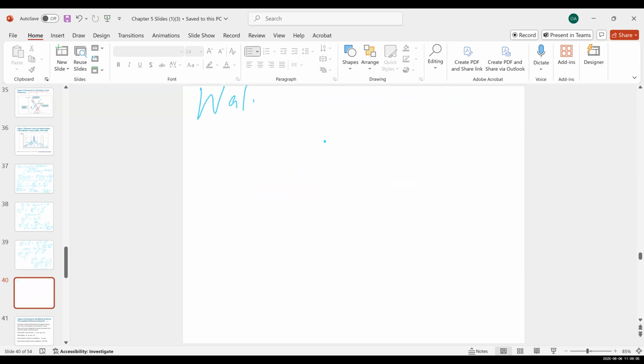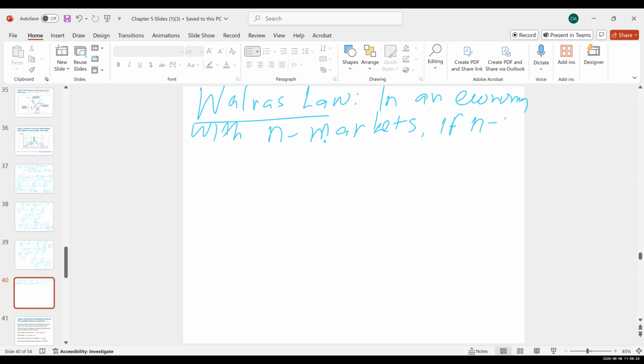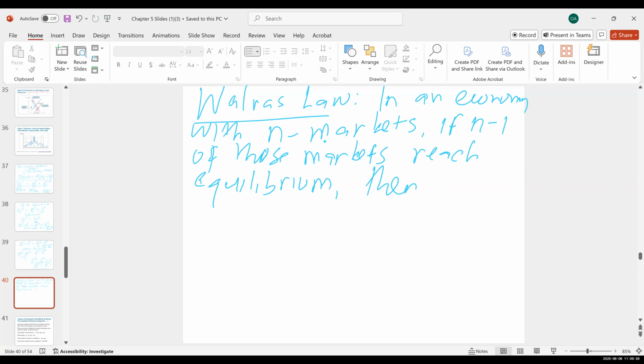We call it Walras' law. Walras' law basically says that in an economy with N markets, N could be 150, whatever it is, if N minus 1 of those markets reach equilibrium, then the last market, which you can call the nth market, will also be in equilibrium.